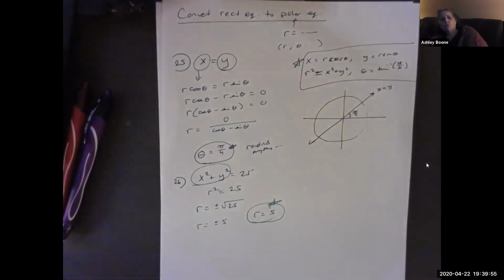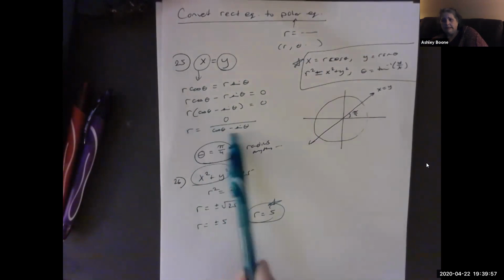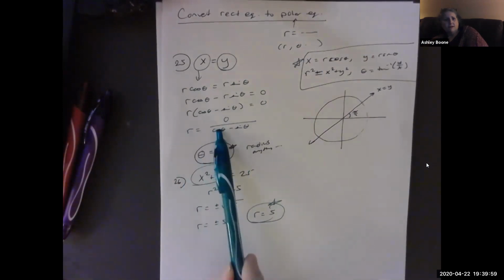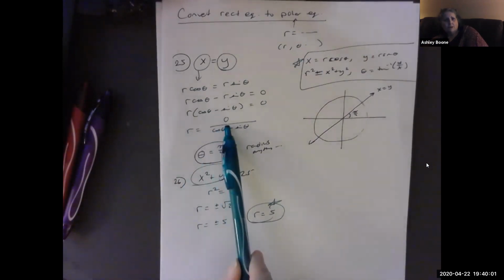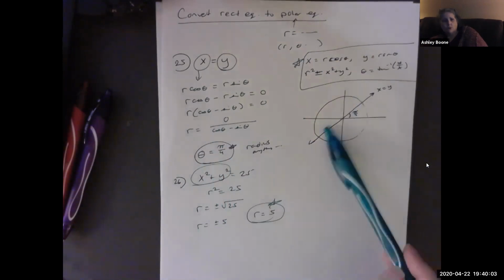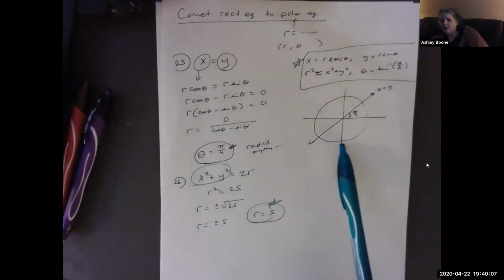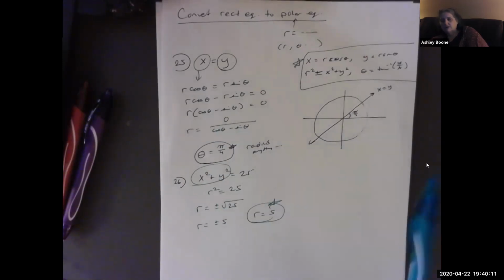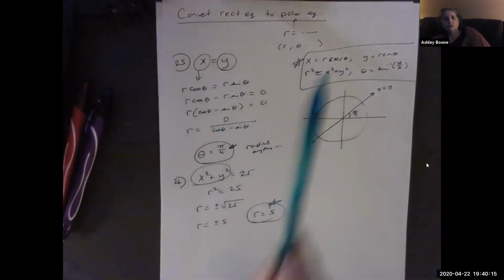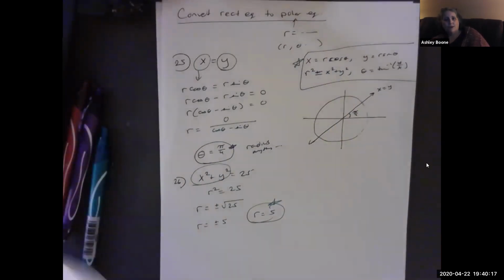If you run into something that just feels weird, like this, think about what this means for a minute. What do we know about x equals y? Or the problem we had a little bit ago where we knew an angle negative pi over 2. What did that tell us about what was going on? So think about those things. Otherwise, we'll use these values.